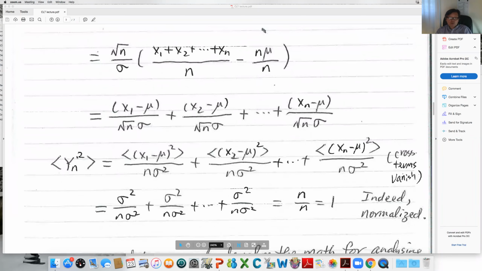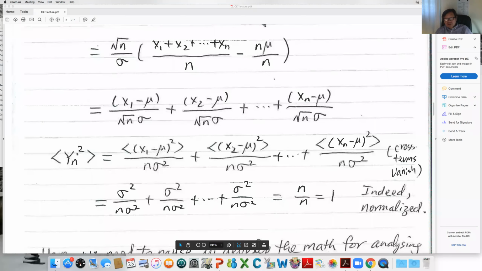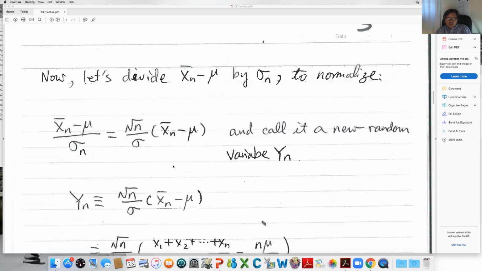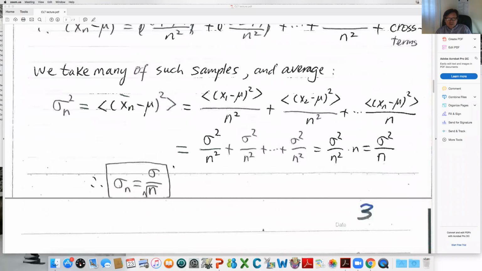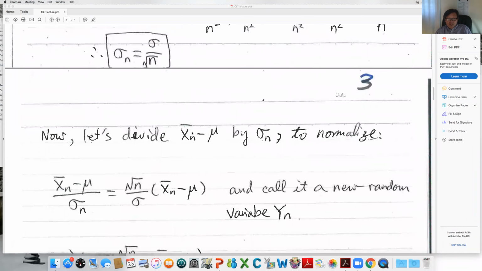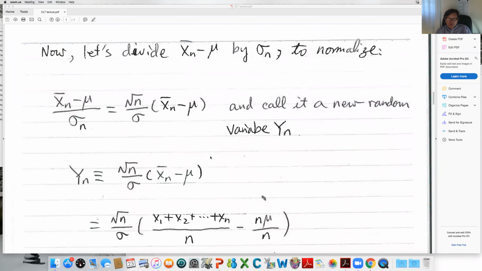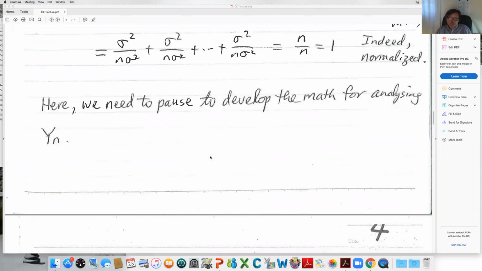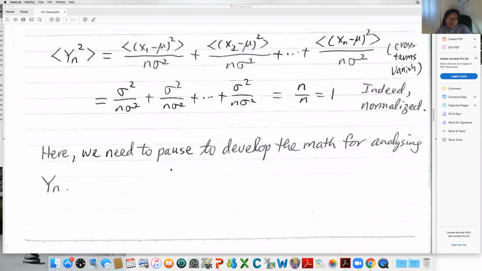So this yn is just a normalized xn minus mu, the sample mean minus the true mean value. Why do we want to do that? For mathematical convenience, that comes next.